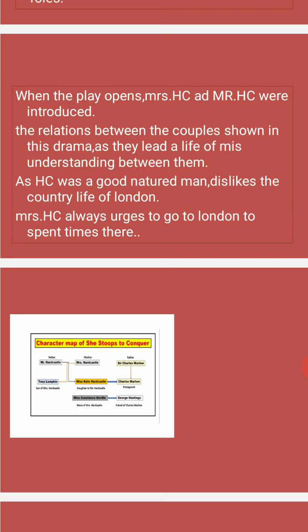But Mr. Hardcastle dislikes London, as he thought that the people of London have a very wrong attitude and don't like the familial background. So he hates the life of London.